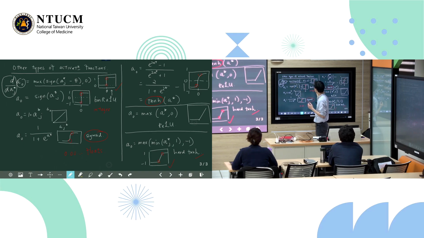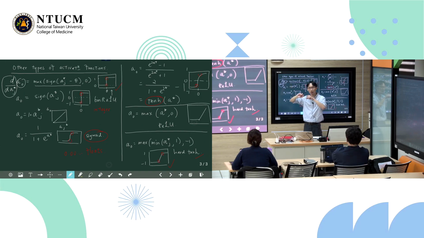Well, when it is less than theta, the change is 0. AO doesn't change no matter how AJ star changes, right? And when AJ star is greater than theta, then the change is also 0, right? So the derivative is 0 when lower than theta, and 0 when higher than theta.